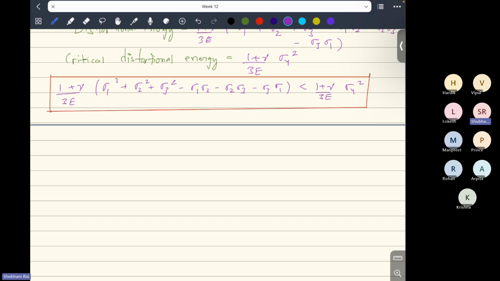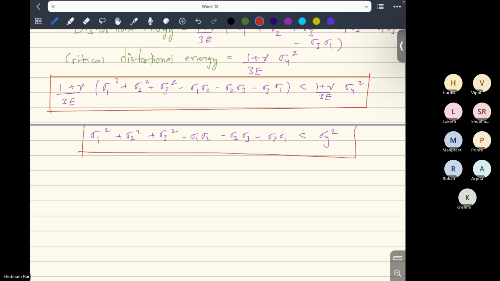So finally you have this theory: sigma 1 square plus sigma 2 square plus sigma 3 square minus sigma 1 sigma 2 minus sigma 2 sigma 3 minus sigma 3 sigma 1 should be less than sigma y square. Okay, so finally we have this maximum distortion energy theory.